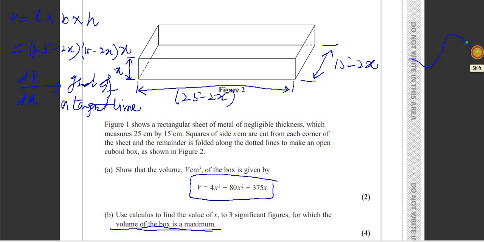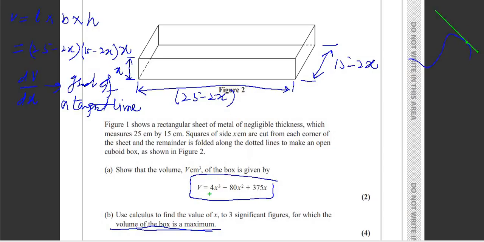This green line is the tangent line. If we have the equation of this function and we differentiate it and find the derivative, dy by dx, this dV by dx will be the gradient of this tangent line.